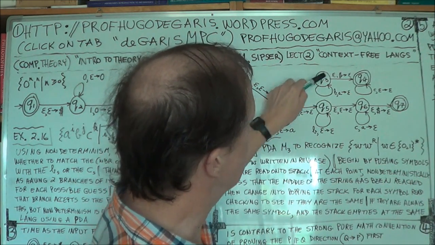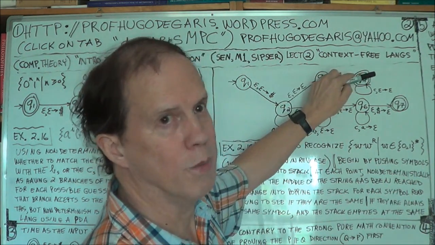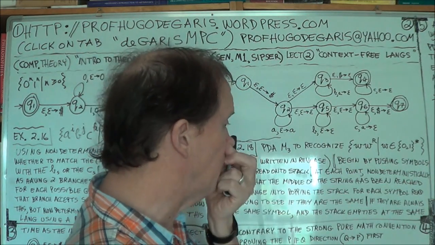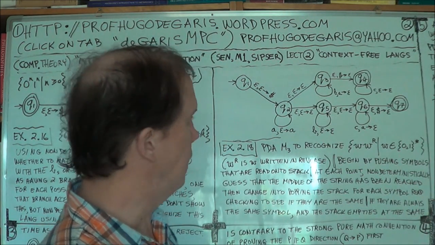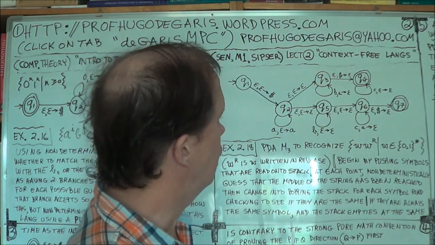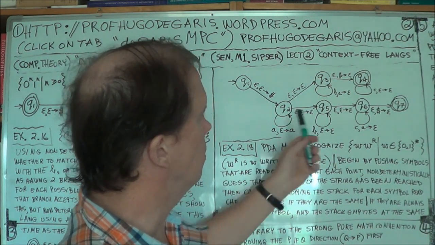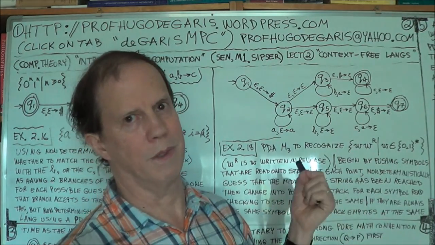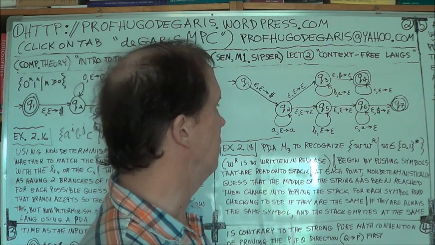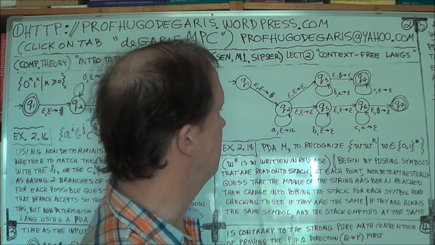So this branch, if you like, non-deterministically, is checking that the number of A's and B's is the same, whereas this branch is checking that the number of A's and C's is the same. Now, I haven't got into all the details, but I hope I've given you enough on how to do it, right?